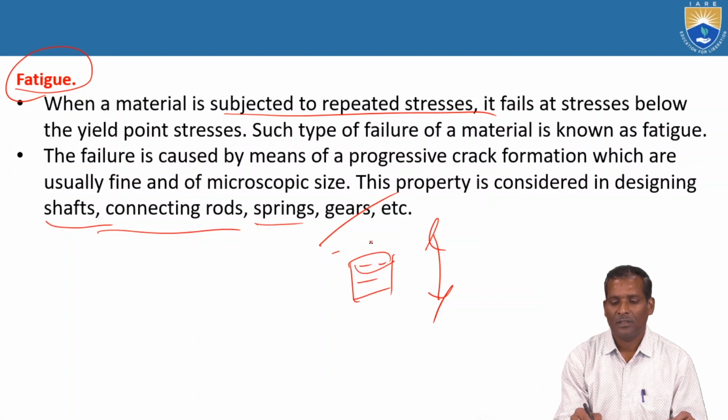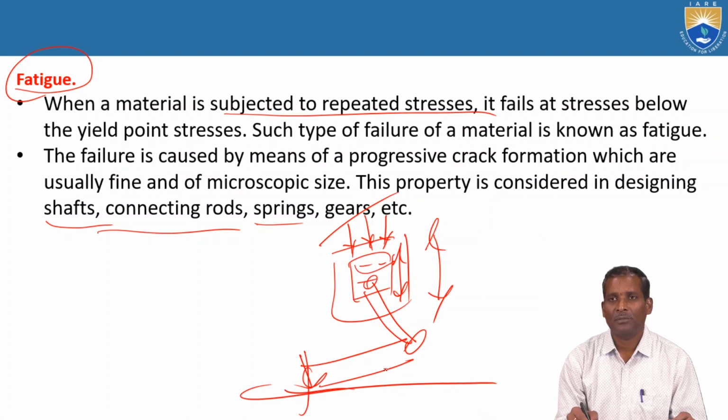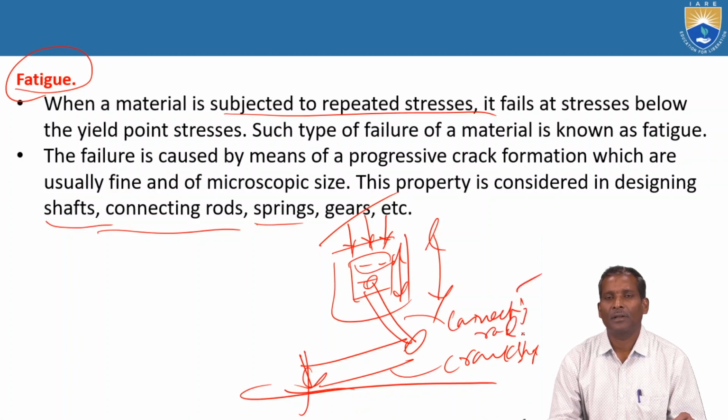Example, the piston. Whenever the external load is acting here, it moves. This is the crankshaft and connecting rod.